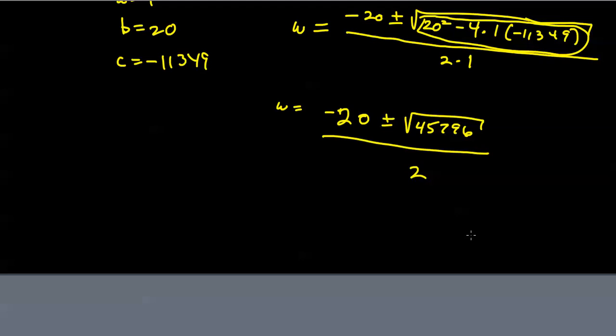I'll punch in the square root of 45796 on my calculator, and I get 214. That is fortunate. So I'm going to have two solutions for w. One of them is going to be negative, so w equals, well, if I embrace this positive option here, I'll get 194 over 2.